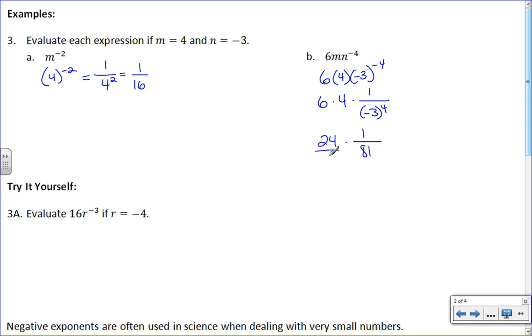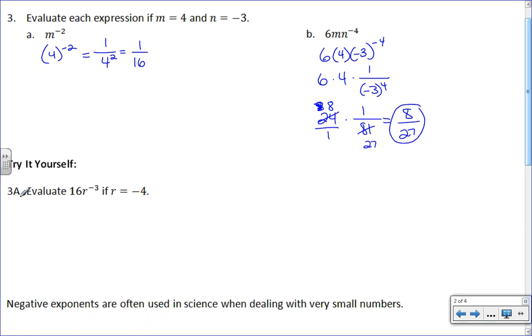We can write this as 24 over 1, and then we can cancel a common factor here of 3. 3 goes into 24 8 times. And 3 goes into 81 27 times. So this is 8 over 27.